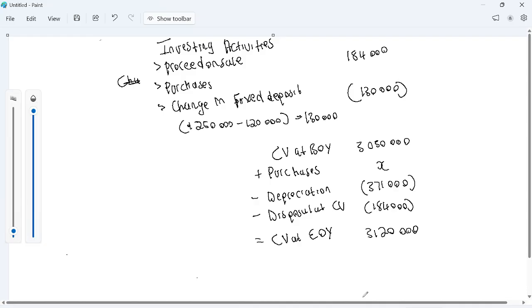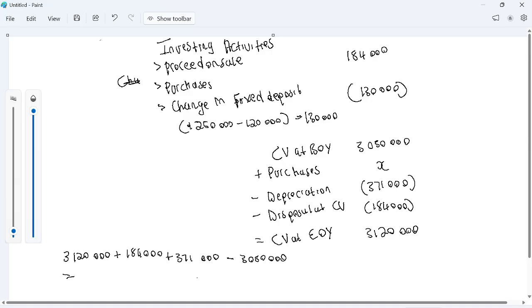Right, now what about my purchases? So I'm gonna say carrying value at the end of the year, which is 3,120,000 plus 184,000 plus 371,000 minus 3,050,000.